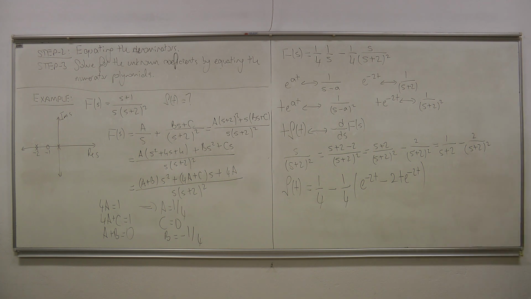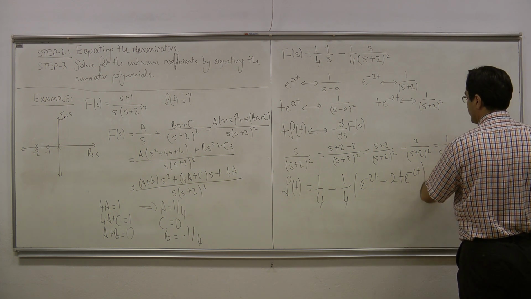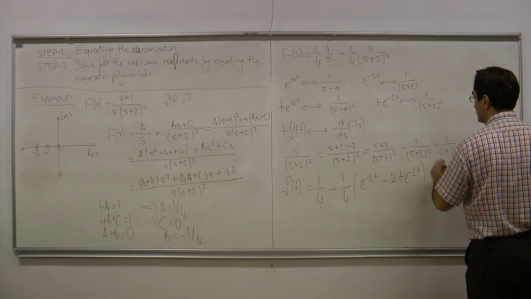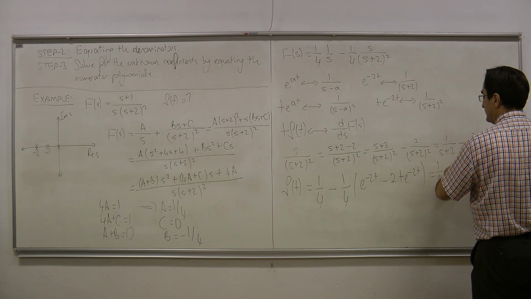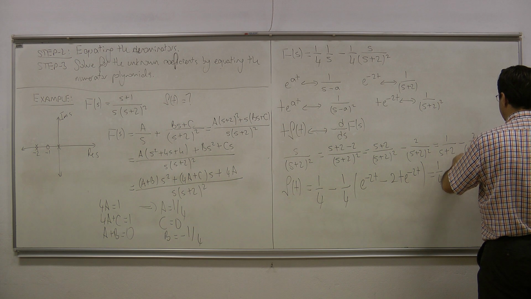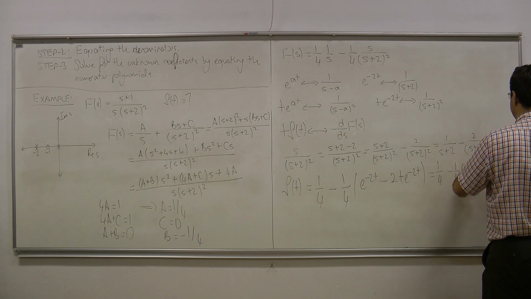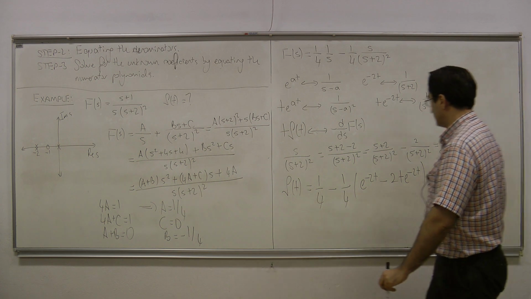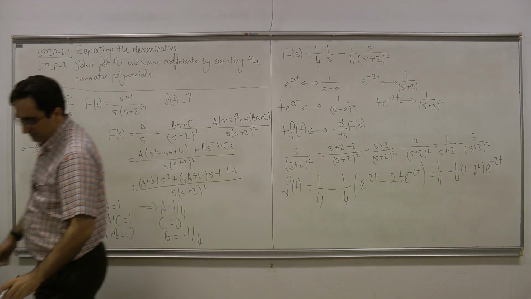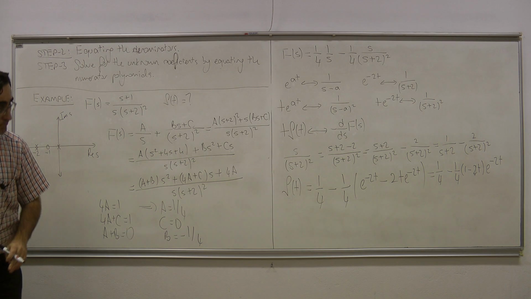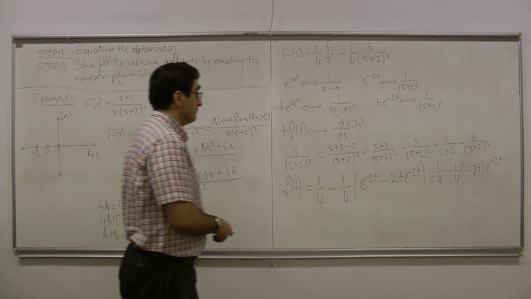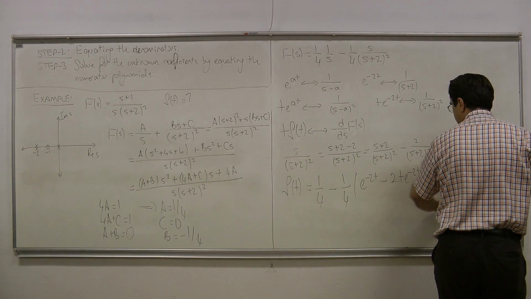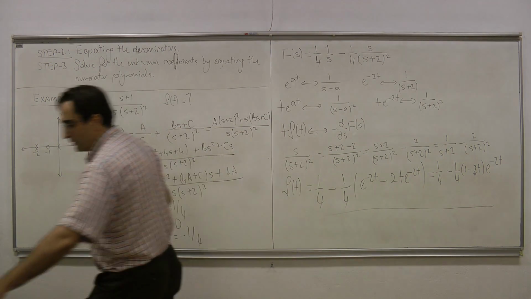Okay? Then I can actually simplify this a little bit by taking e to the minus 2t out in parentheses. So it would be 1 minus 2t e to the minus 2t. Okay? So this completes this example.